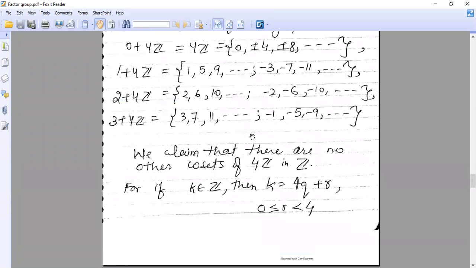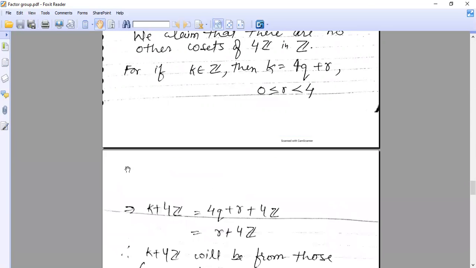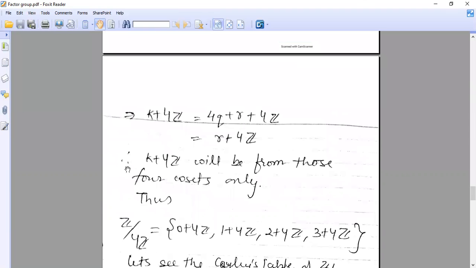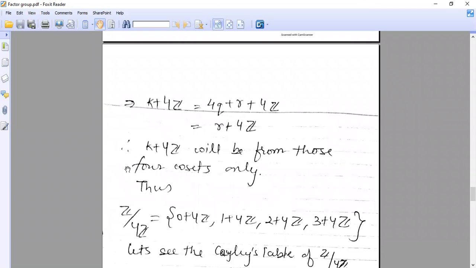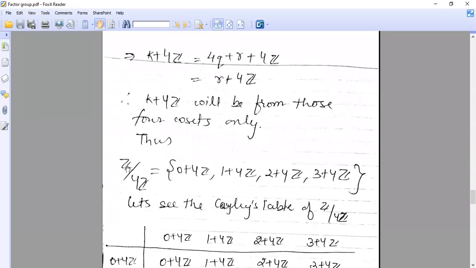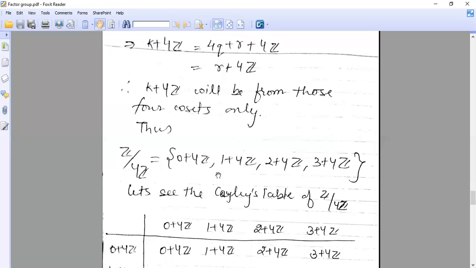That means r is 0, 1, 2, 3. So this is basically from this set only. So your r plus 4z, that means k plus 4z, will be from those 4 cosets only. So this collection will be 0 plus 4z, 1 plus 4z, 2 plus 4z, 3 plus 4z. So this 0 plus 4z is basically the 4z, the identity.